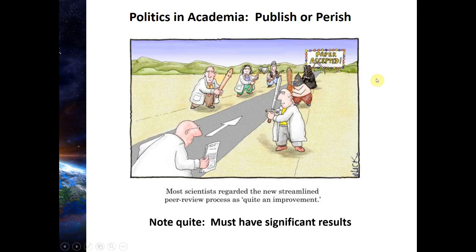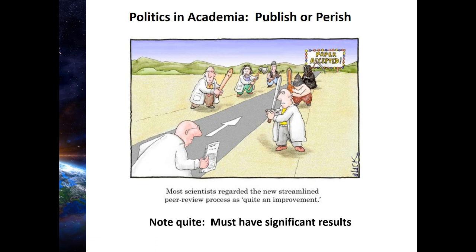Okay, so we have to find these significant results in order to get our papers accepted. And the more papers we get accepted, the more likely we are going to advance from assistant to associate to full, and the more likely we are to get tenure.